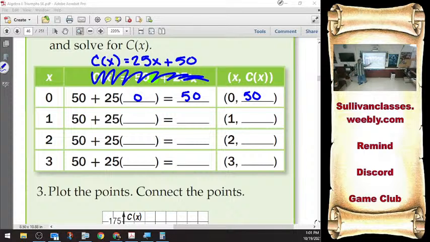Plug in your 1, 2, and 3. See if you can fill in the rest of those. They said x is 0, 1, 2, and 3. They're going to rent this boat for 0, 1, 2, and 3 hours. See, they charge you $50 to even say, I have this boat.